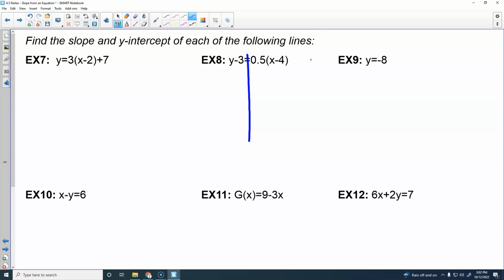Let's see. Savannah, what do you think we'll do first on that one? I would distribute. Okay, so you got y minus 3 equals 0.5x minus, what's 0.5 times 4? 2. Finding half of 4. Savannah, what would we do after that?